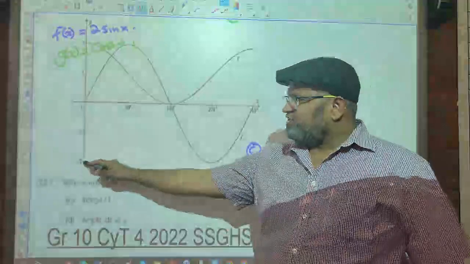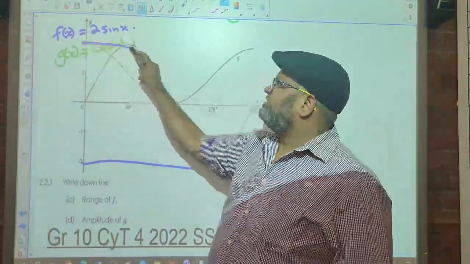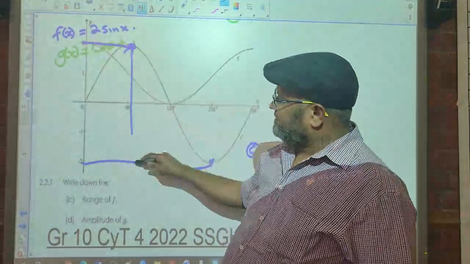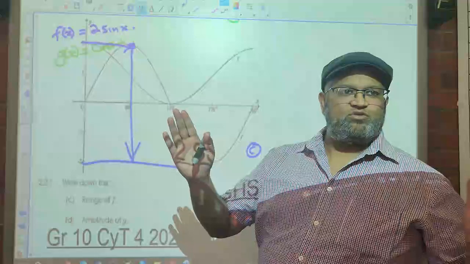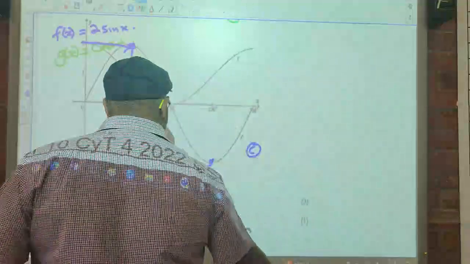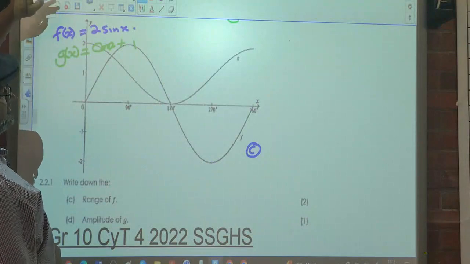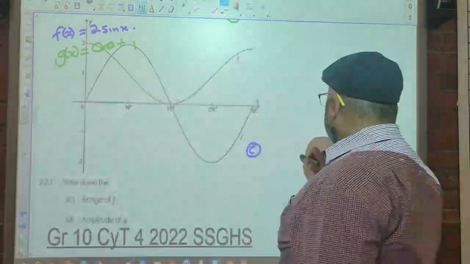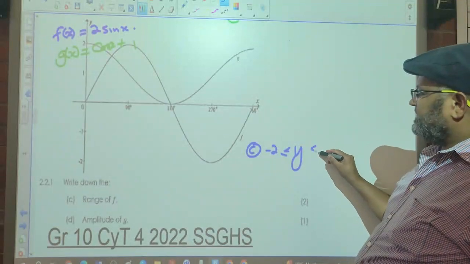So as you can see, this graph exists at negative 2. And it goes all the way to 2. Can you see that, people? So that's the range of the graph. It's between negative 2 and 2. Okay. So how do I write that as an inequality? You say y must be greater or equal to negative 2 and y must be less than or equal to 2.